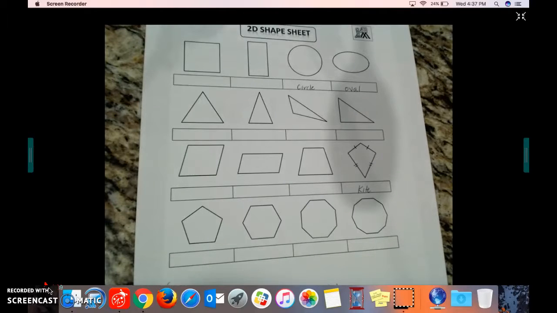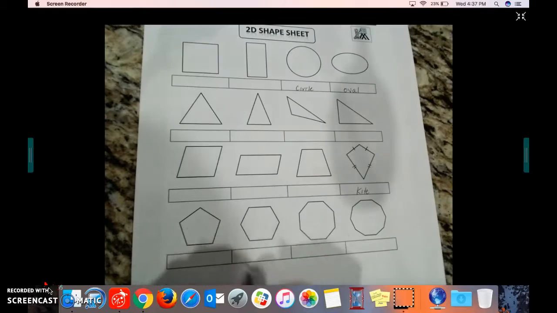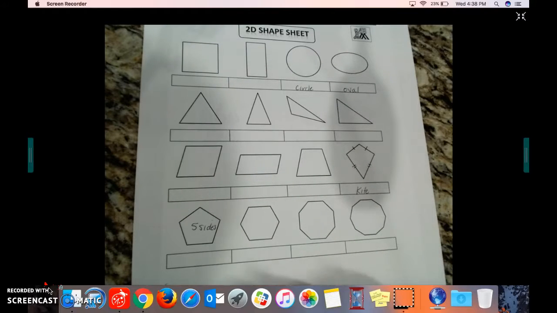These are shapes that have more than 4 sides. So they do have specific names. And you will learn later on in 4th grade the different roots that help you identify the numbers. If we count this one here, we have 1, 2, 3, 4, we have 5 sides. An object that has 5 sides is called a pentagon.